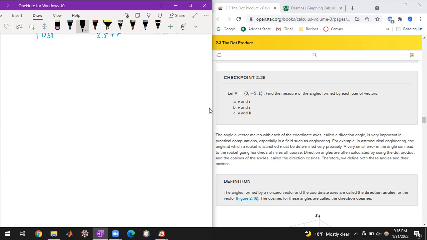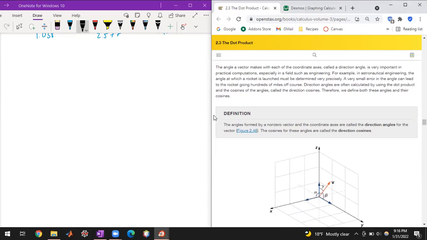So direction angles are often calculated by using the dot product and the cosines of the angles, called the direction cosines. Therefore, we define both these angles and their cosines. So here is our definition.